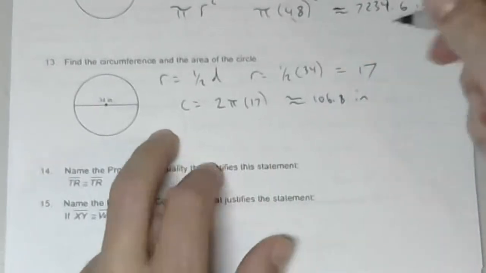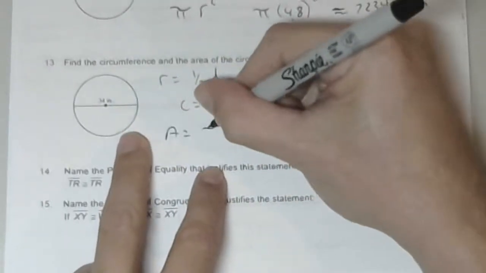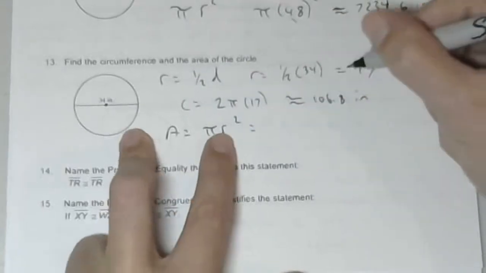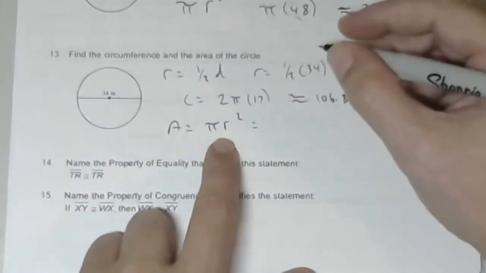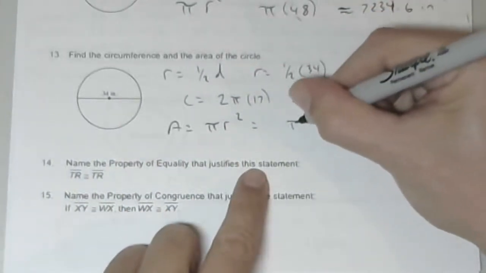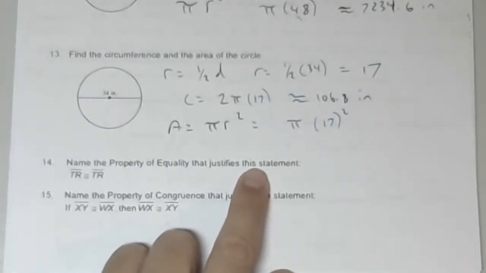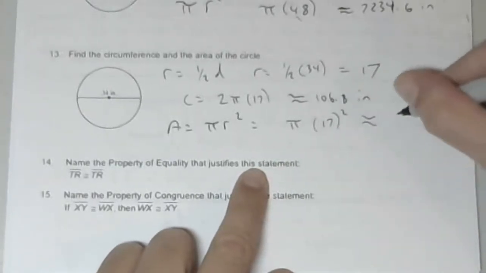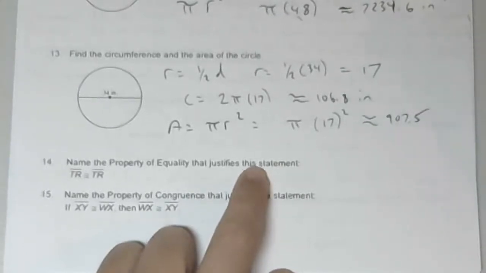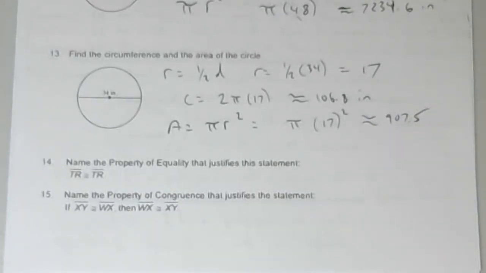And we're in inches again. Area, pi r squared. Now for area, you do need to use r, which is pi times 17 squared, 289 times 3.14, 907.5. If you use, well, I'm not going to get into it. I don't know the calculator that you get to use. So if you always use 3.14 for pi, that should work.